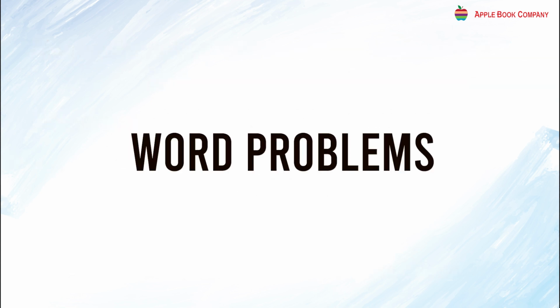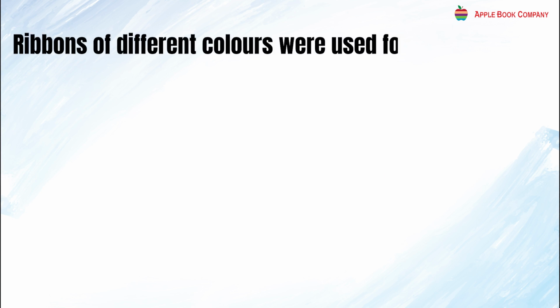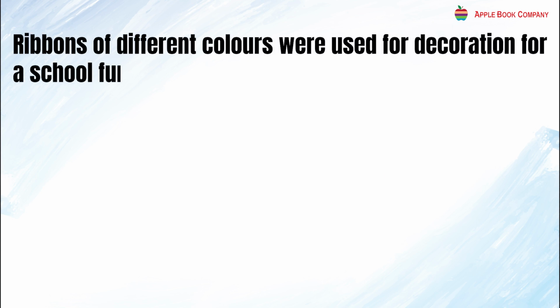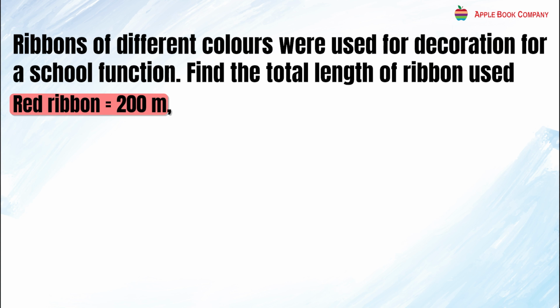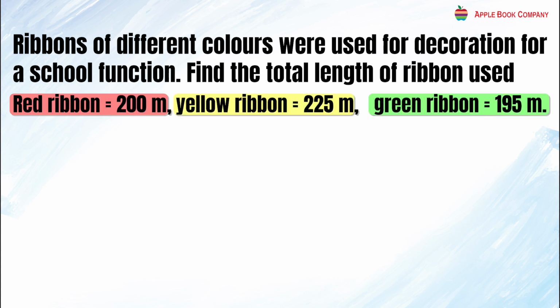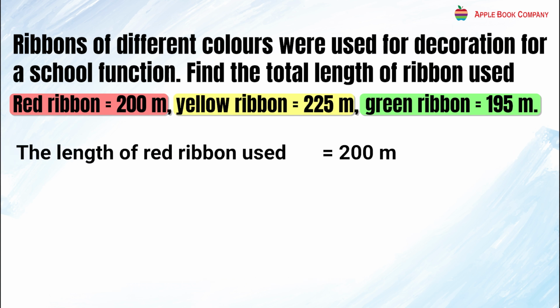Word problems. Ribbons of different colors were used for decoration for a school function. Find the total length of the ribbon used. Red ribbon 200 meters, yellow ribbon 225 meters, green ribbon 195 meters. So the length of the red ribbon used is equal to 200 meters.